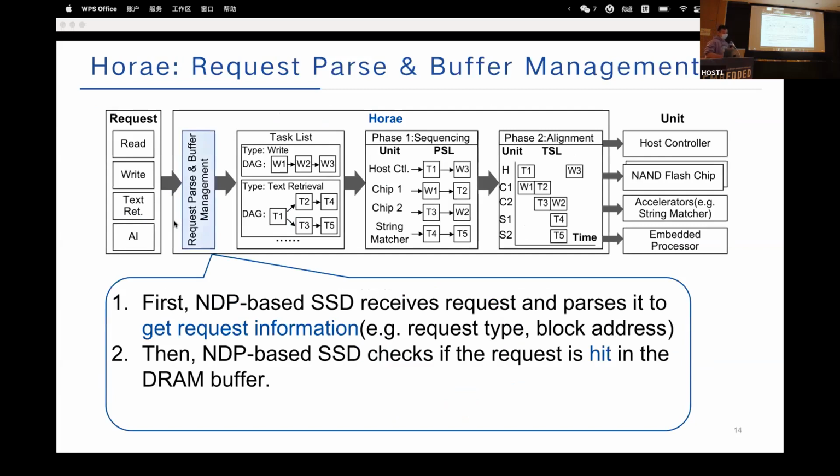So this is the overview of Horae, including two steps. First, Horae will receive the request from the host and parse it to get the request information, such as the request type and the block address. Then Horae will check if the request could fit in the DRAM buffer and change the prediction time, and then take different scheduling.